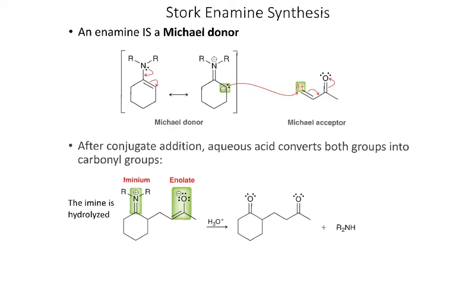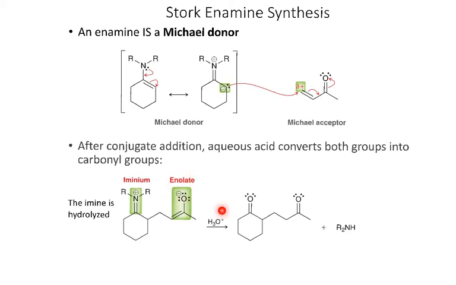All right, so an enamine is a Michael donor. If we react it with an alpha-beta unsaturated carbonyl compound, a Michael acceptor, it will act as a Michael donor. And what that will produce is both an iminium ion and an enolate.